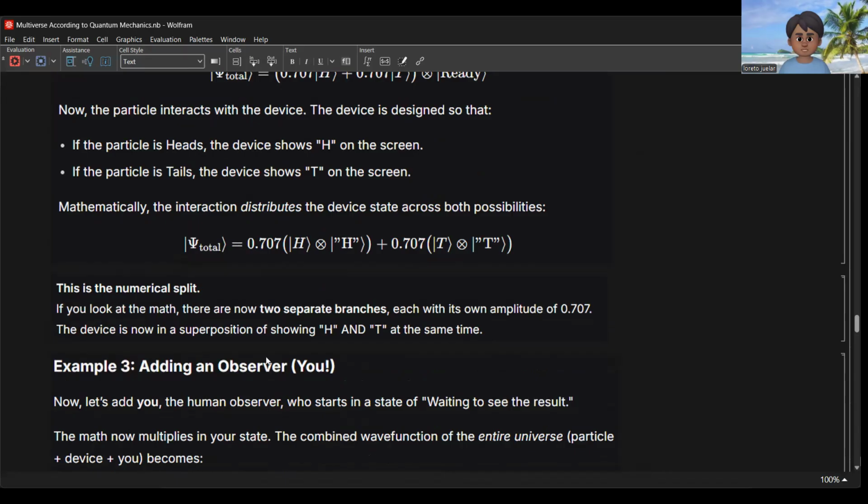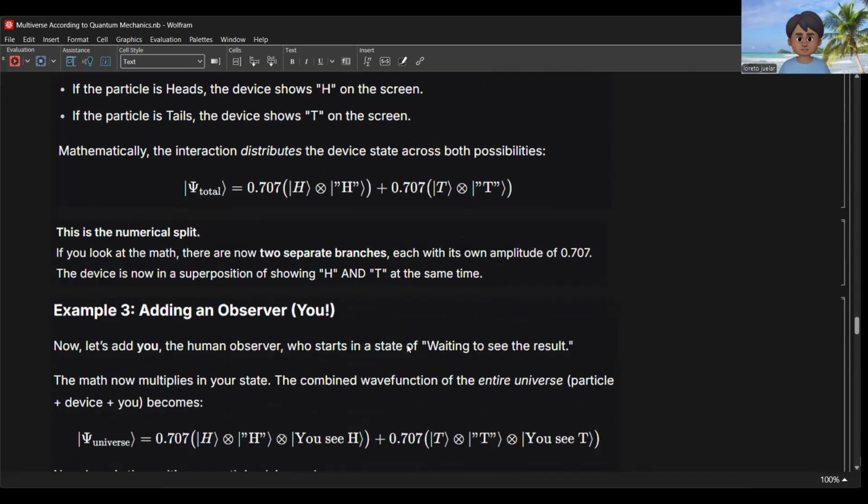If you look at the math, there are now two separate branches, each with its own amplitude, 0.707. The device is now in a superposition of showing H and T at the same time.